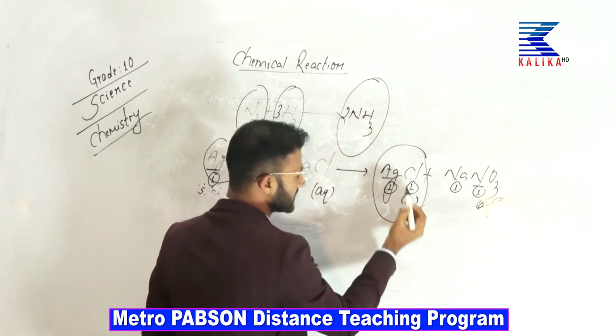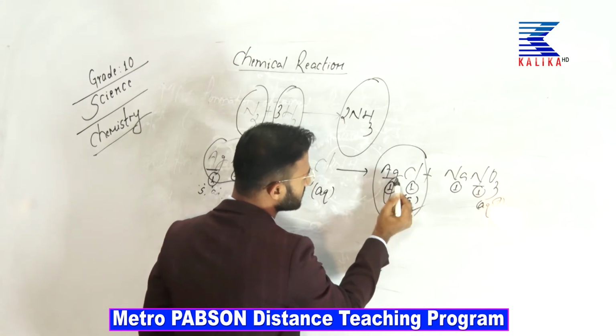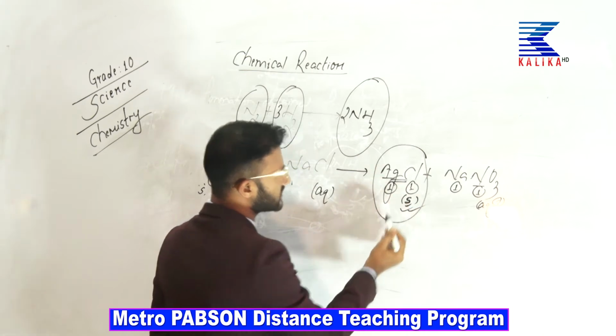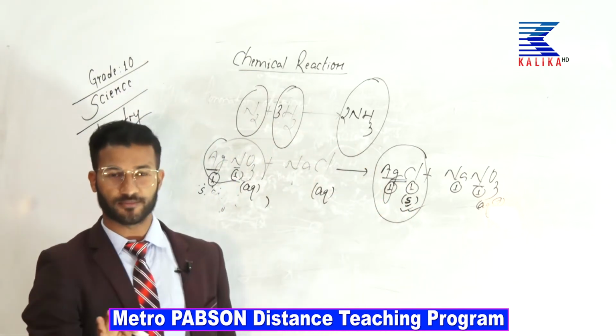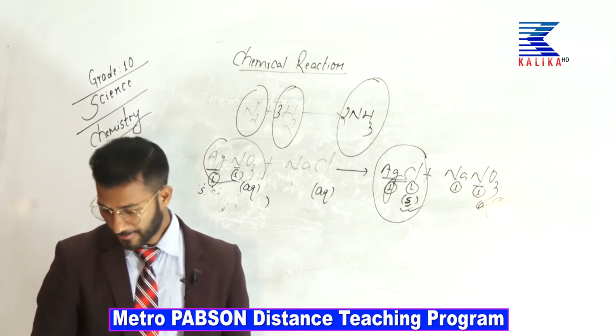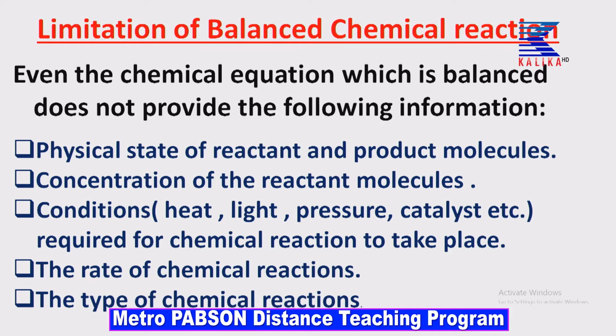So on writing s as a subscript down the silver chloride, we can come to know what is the state of silver chloride formed. But this information is missing in balanced chemical equation. So chemical equations have been modified in different way actually.